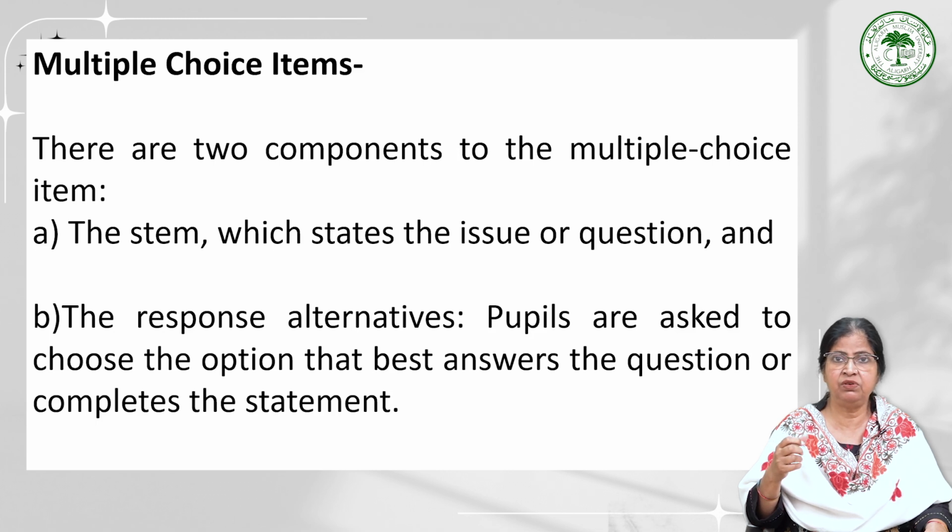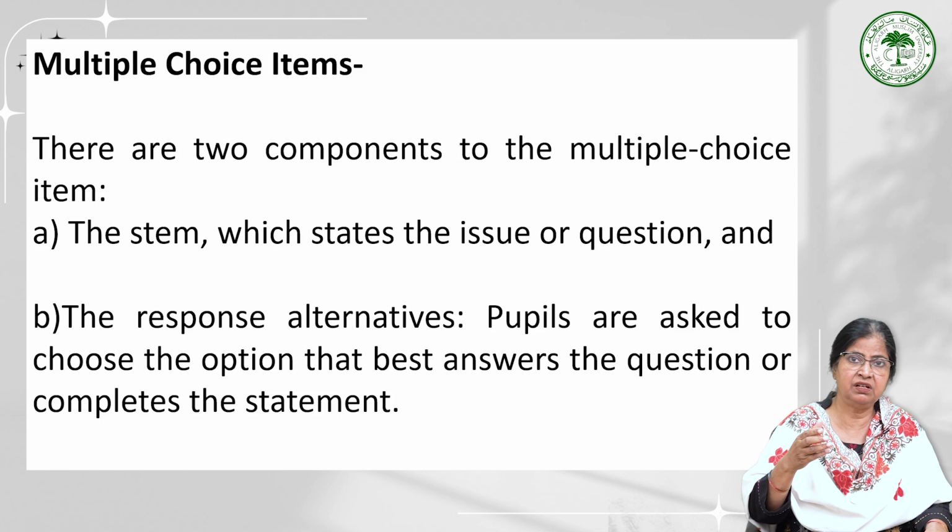The evaluator should also keep in mind that, besides framing items of recall and recognition, higher order learning can also be checked by objective type test items. So, the level of the items should differ in one test paper.